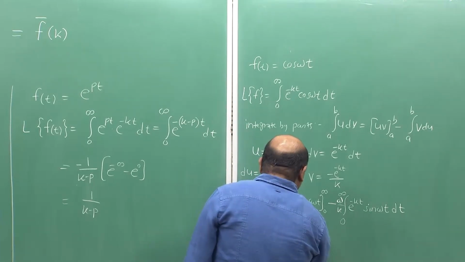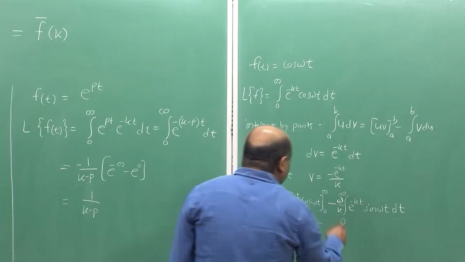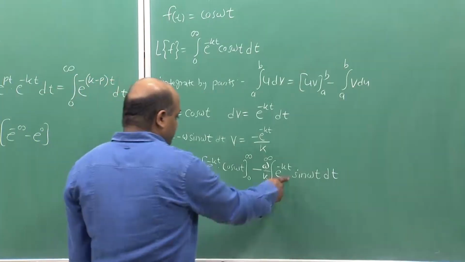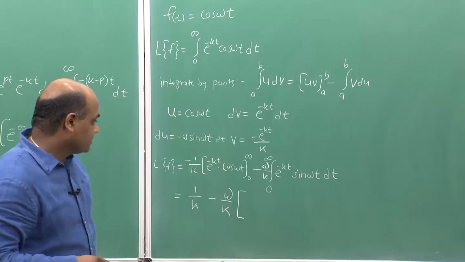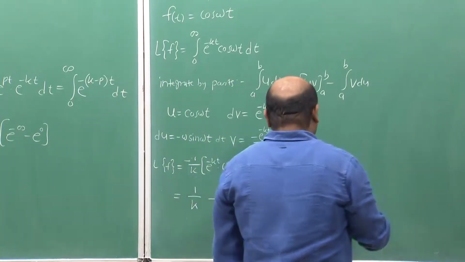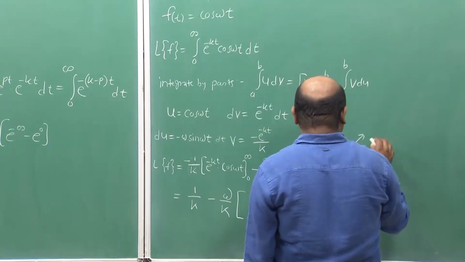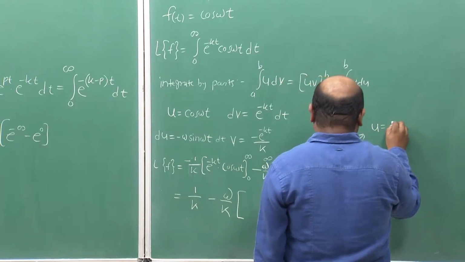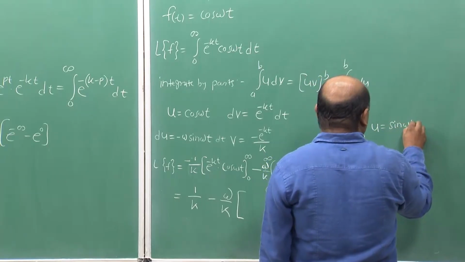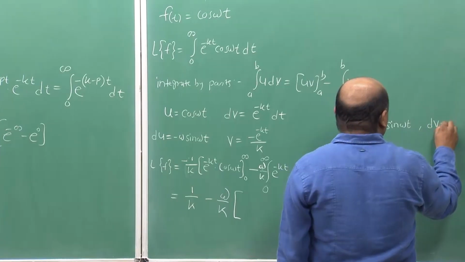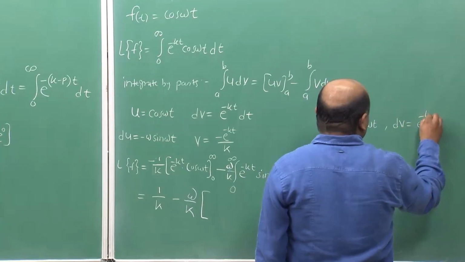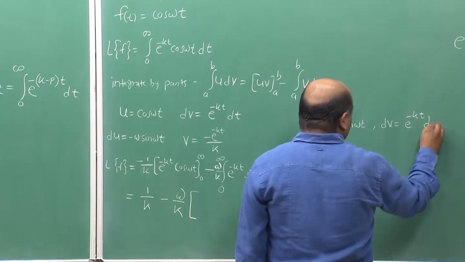minus omega by k. Now, again we integrate this also by parts. So, in this case we have u equal to sin omega t and dv equal to e to power minus k t dt.